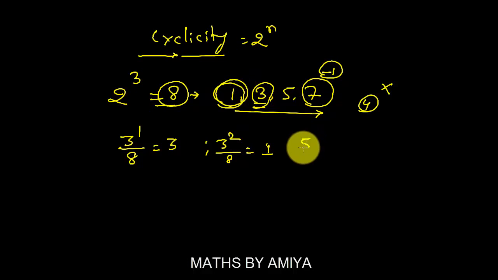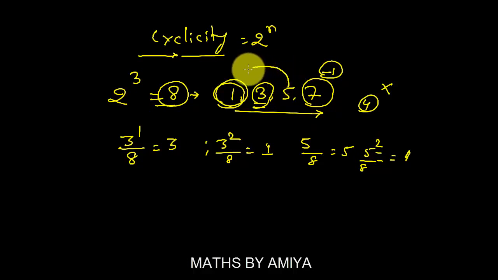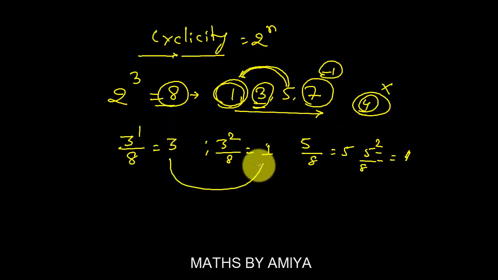Take 5. 5 divided by 8, the remainder is 5. 5 square divided by 8, that is 25 divided by 8, gives remainder 1. So even if I took 5, the next is 1. I am not using the complete set of 1, 3, 5, 7 as co-primes. We have 4 co-primes, but I am only getting 2 options, which means we are getting just half of the options, and we are not utilizing the other half.